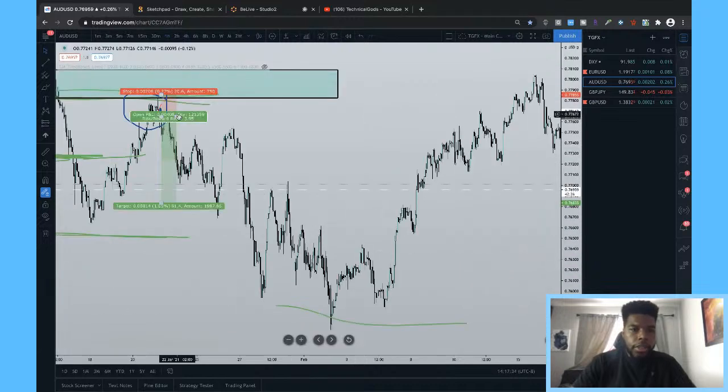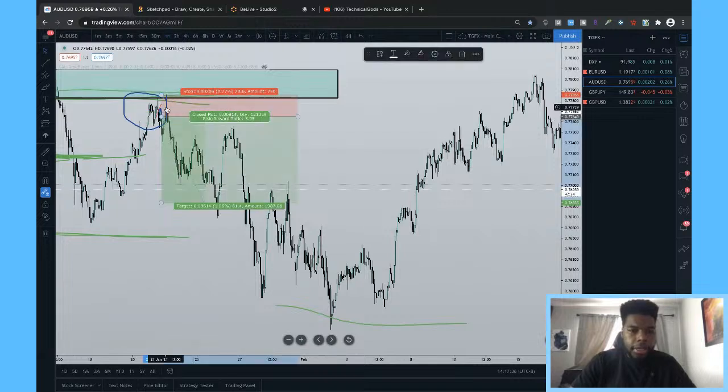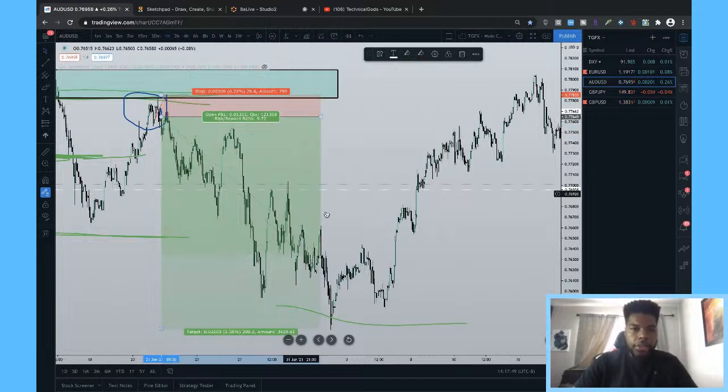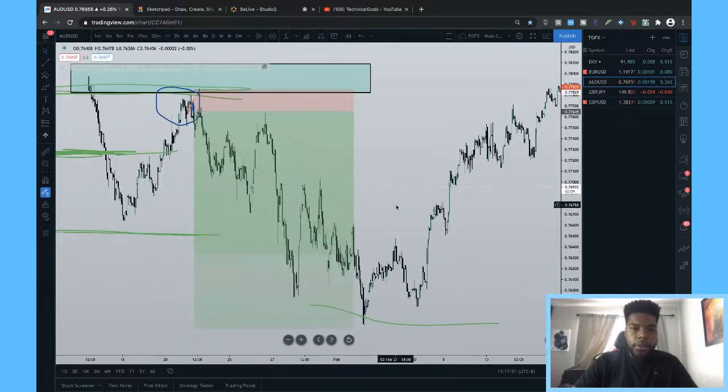So here's our trade way up here, 20 pip stop loss. You can see overall this trade fell to the next low for 200 pips. So this is a 1 to 10 risk to reward. There's one trade, if you just held it, a 1 to 10 risk reward.